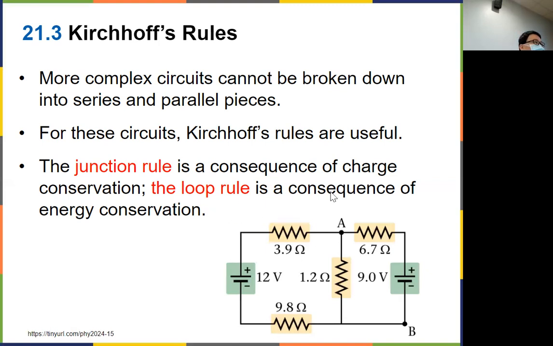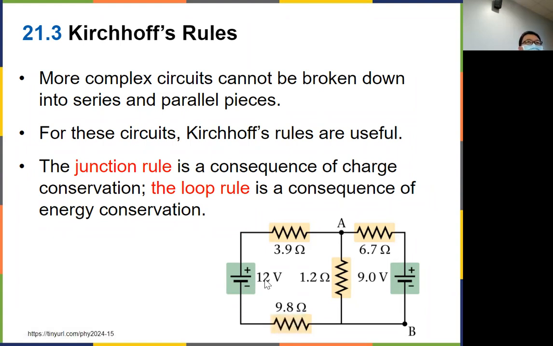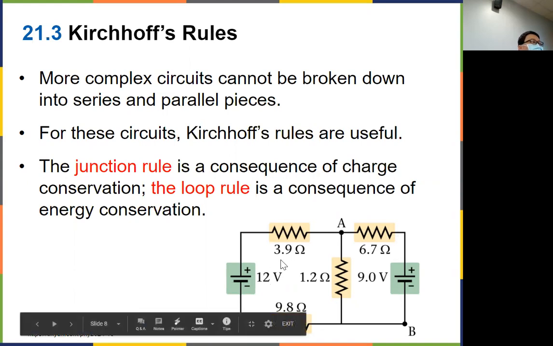And the loop rule is a consequence of energy conservation. If you start from one point and go through a complete loop, coming back to where you started, then the potential should return to its initial value. That means delta V around a complete loop is equal to 0.